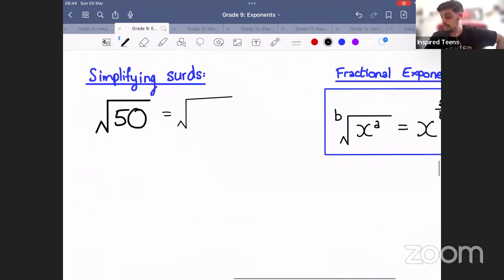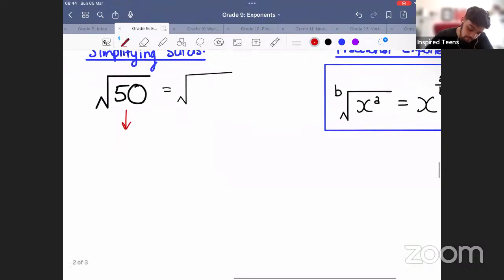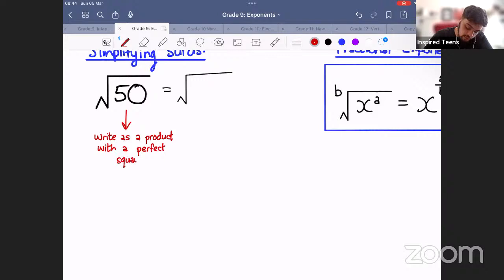Let's move on to simplifying surds. Now, simplifying surds is easy. Okay, what do we have to do? We have to write the value inside of a surd as a product with a perfect square. So what does it mean to write it as a product with a perfect square?